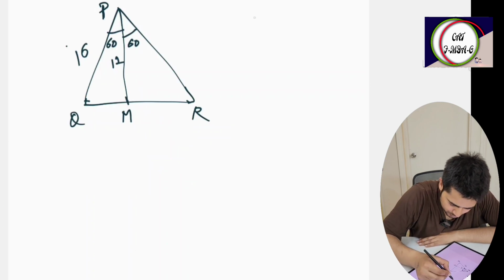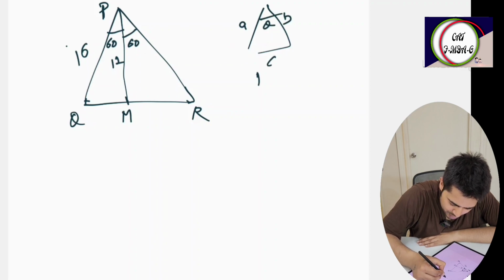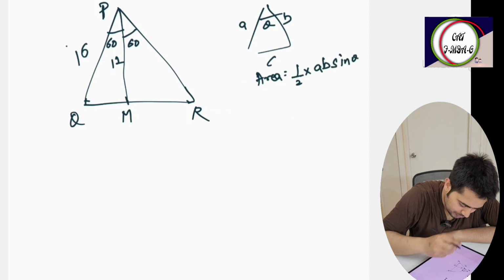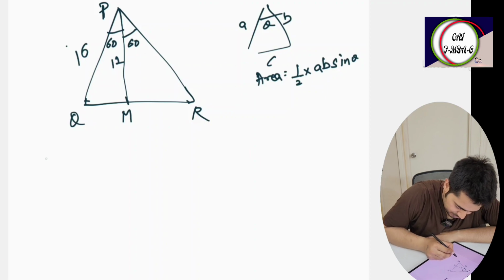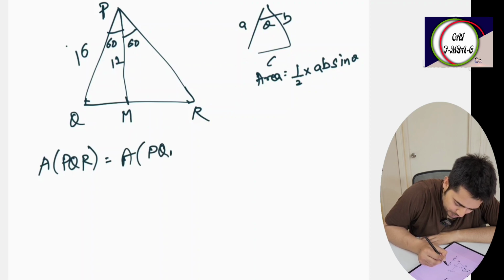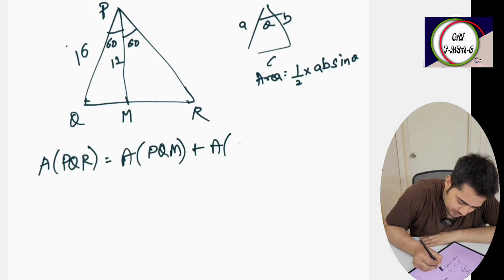You know, if triangle is like this, ABC, this is theta. So area is equal to half into AB sine theta. So here area of PQR is equal to area of PQM plus area of PMR.